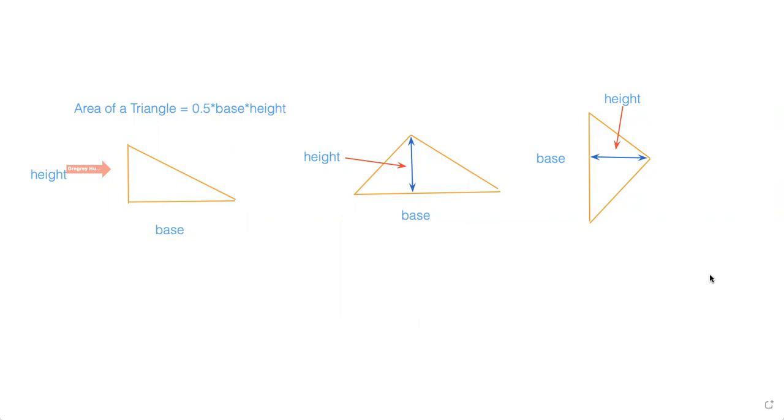But this class is mostly about looking at graphs and identifying regions of the graphs and calculating the areas of basic geometric shapes.